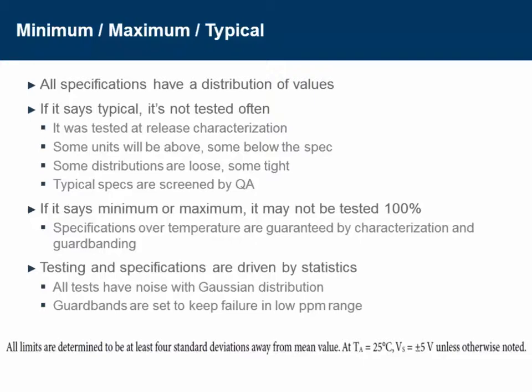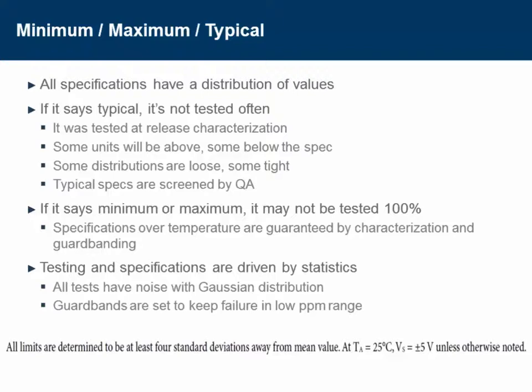And there is extensive characterization of the product over temperature to be sure that we make those limits. We find where the numbers are, and then we actually give a little more room to make sure that we're well within that over temperature.